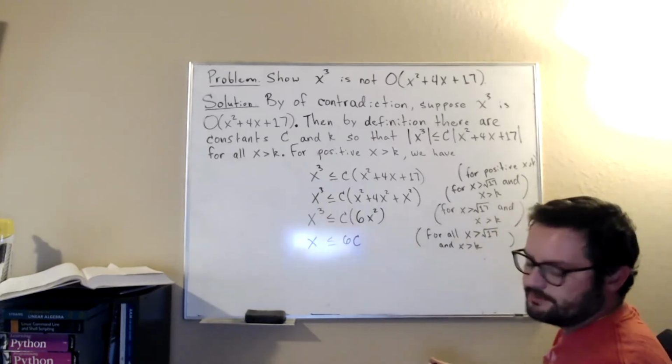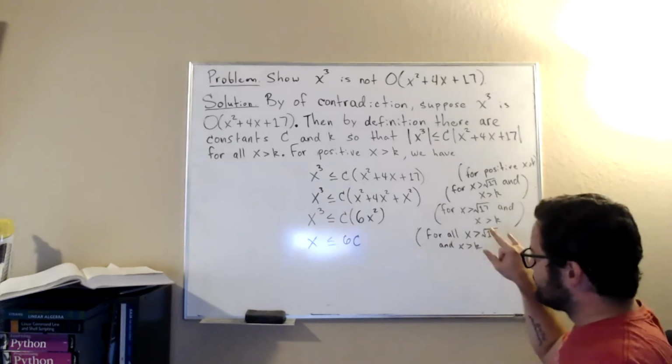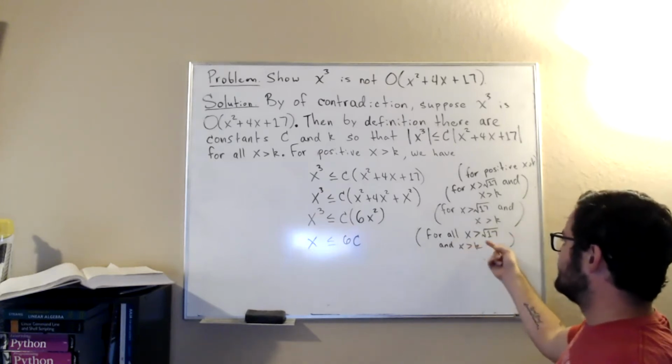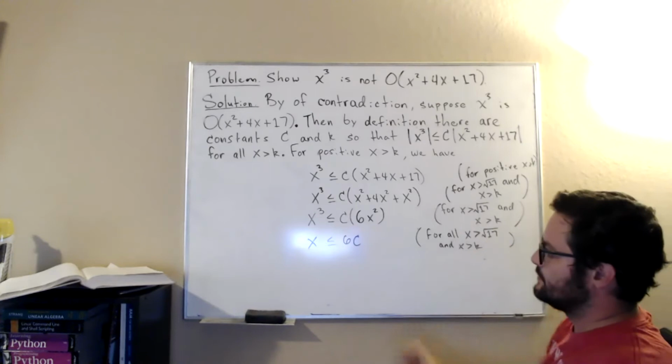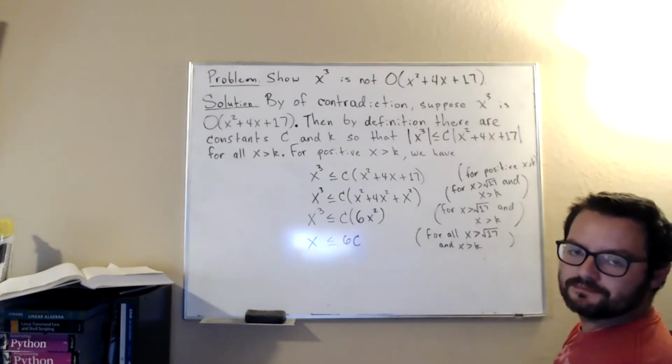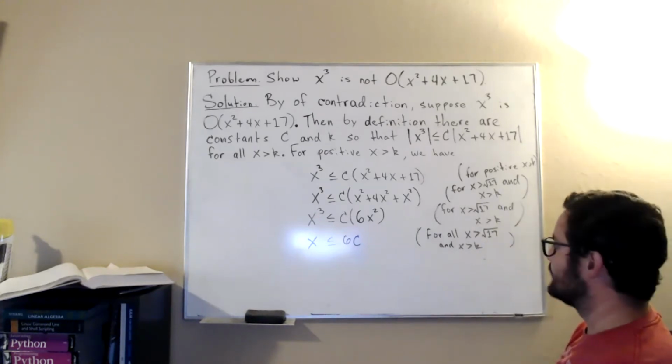So I just said the contradiction. For any x that's bigger than k and greater than root 17, this must be satisfied. Okay.